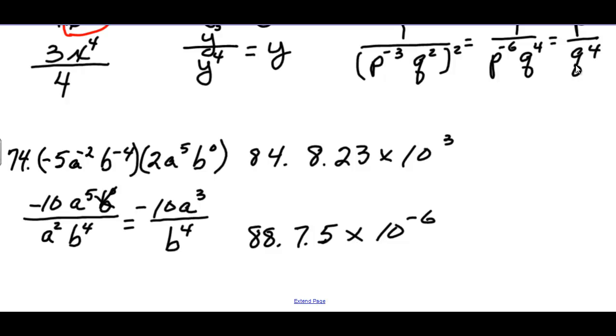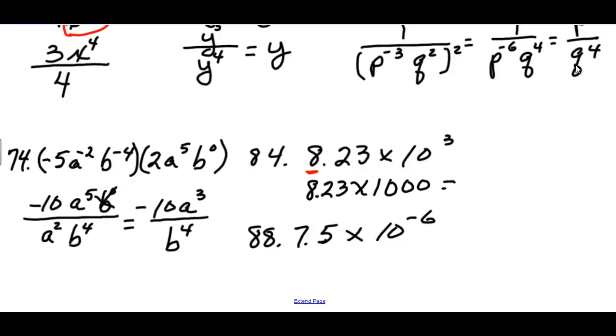Now we want to talk about numbers 84 and 88. This is scientific notation. If we have 8.23, in scientific notation there is only one numeral left of the decimal. That's the way it always is done. Any more numbers that they have will be placed to the right of the decimal. 8.23 times 10 to the 3rd is the same thing as saying 8.23 times 10 with 3 zeros.